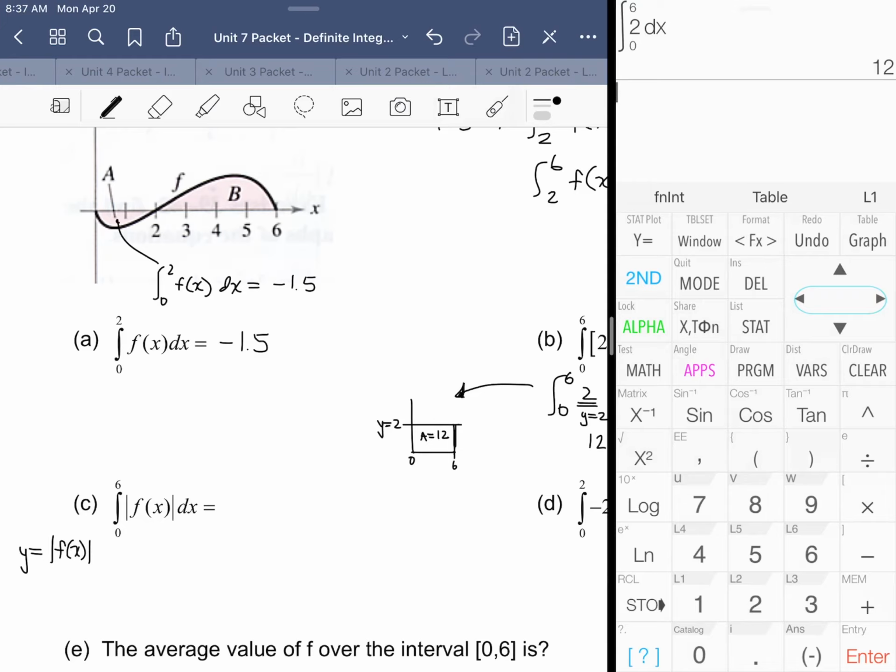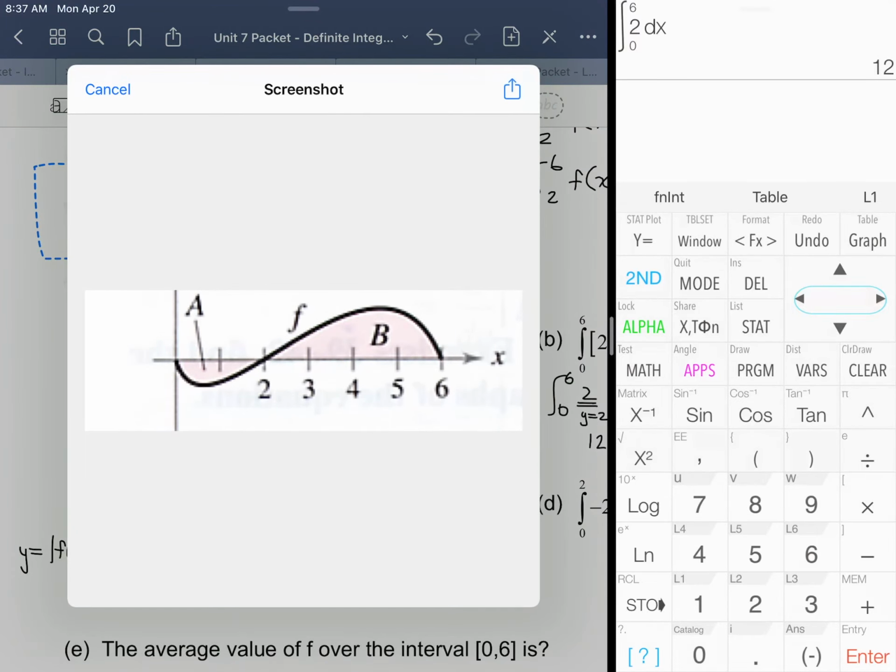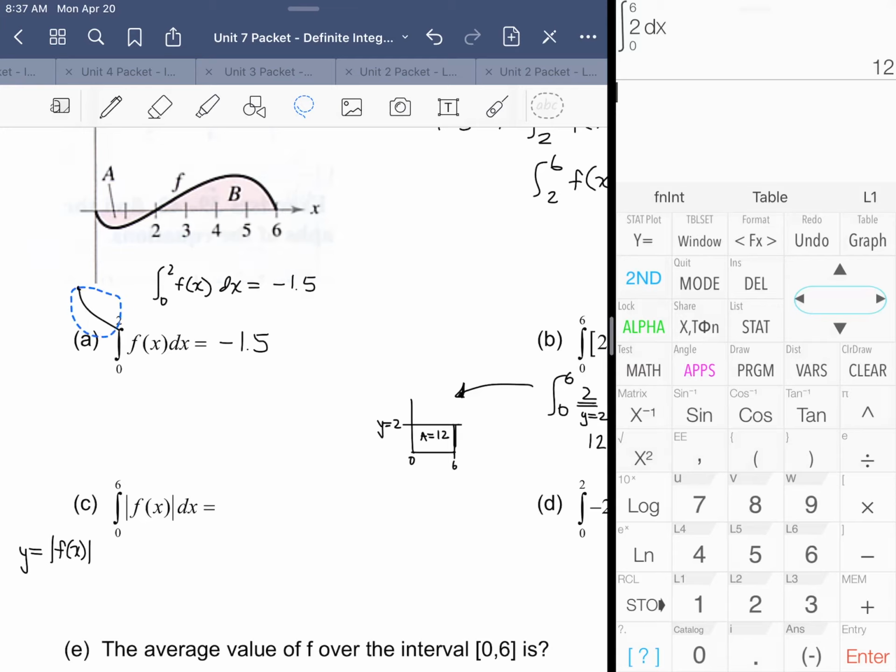All an absolute value function is, it's really just taking the negative parts of the graph and making them positives. All right, so let me get a little kooky here for a sec. Let me just move that out the way. Take screenshot. I'm going to copy it.